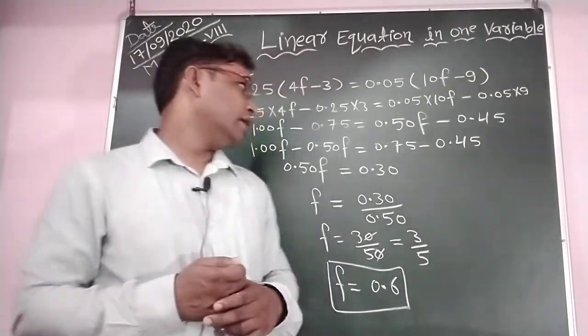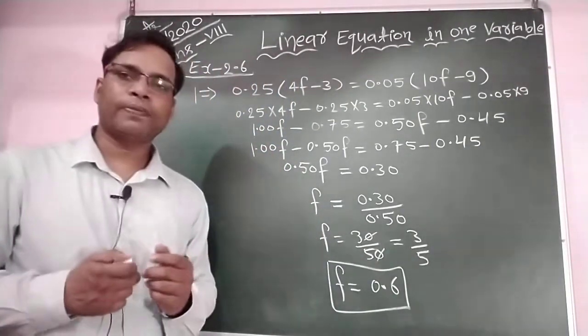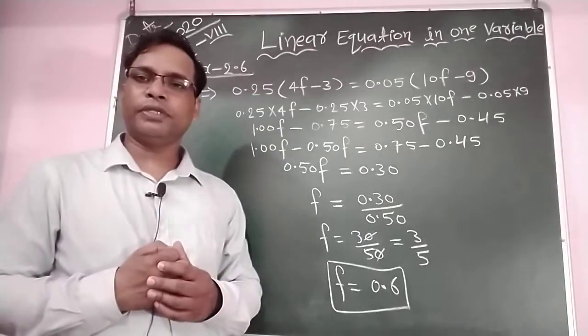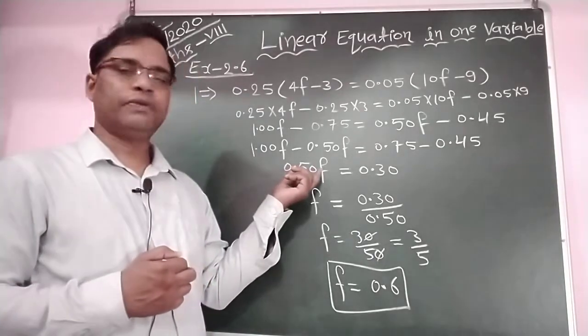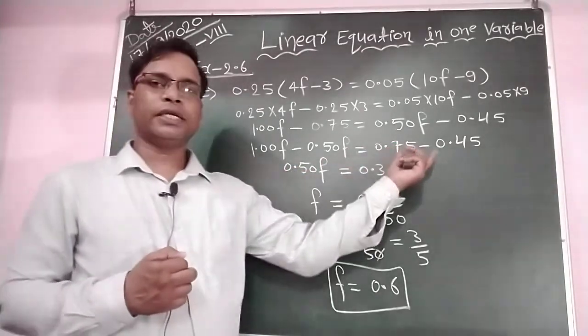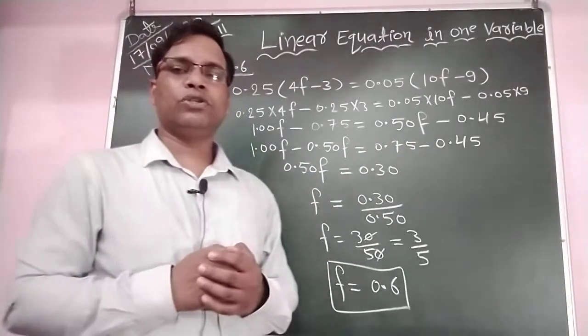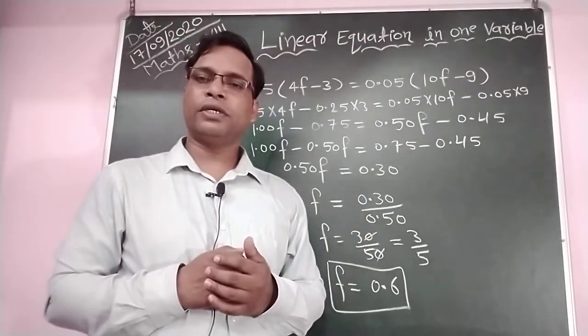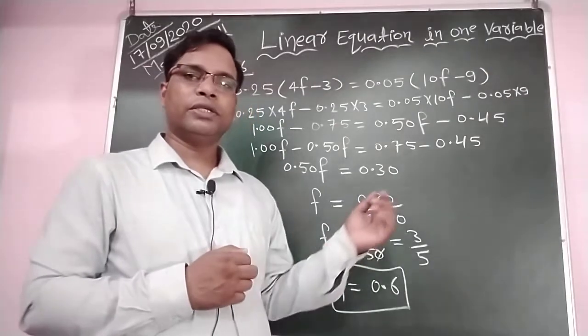When we subtract 1.00f minus 0.50f, we obtain 0.50f. And on the right hand side, subtracting 0.45 from 0.75, we obtain 0.30.